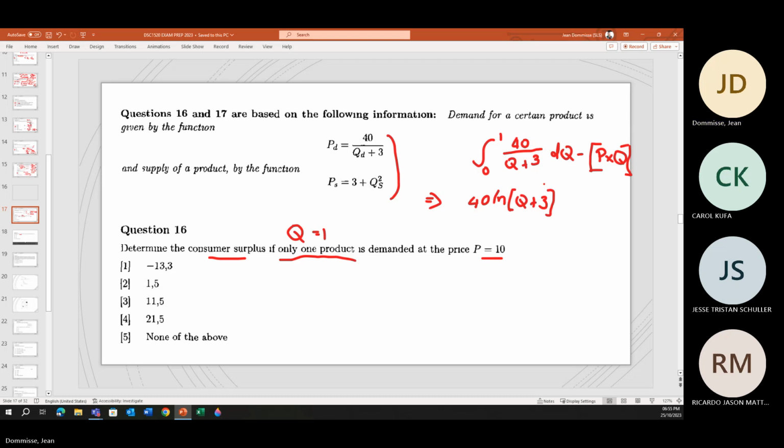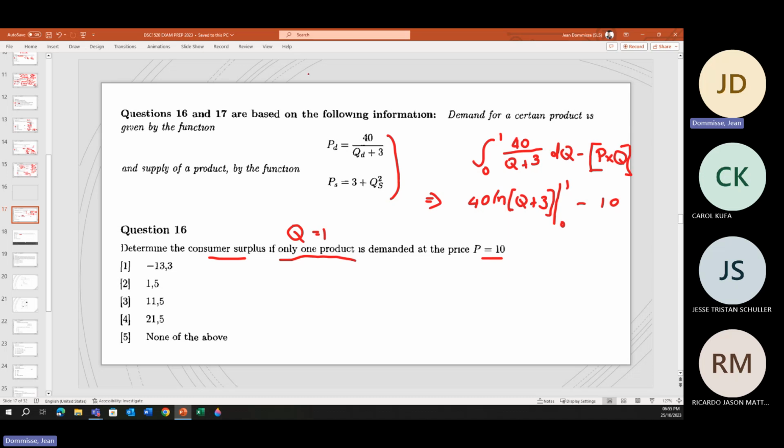And then P times Q was 10. So we will just say minus 10. So this was the important one for you guys that we needed to work out.